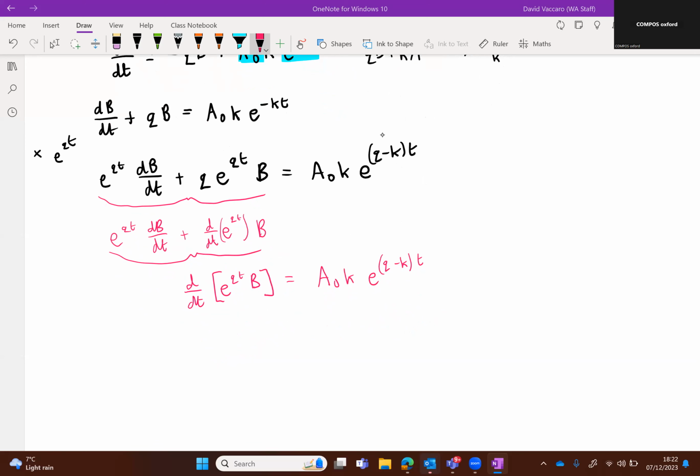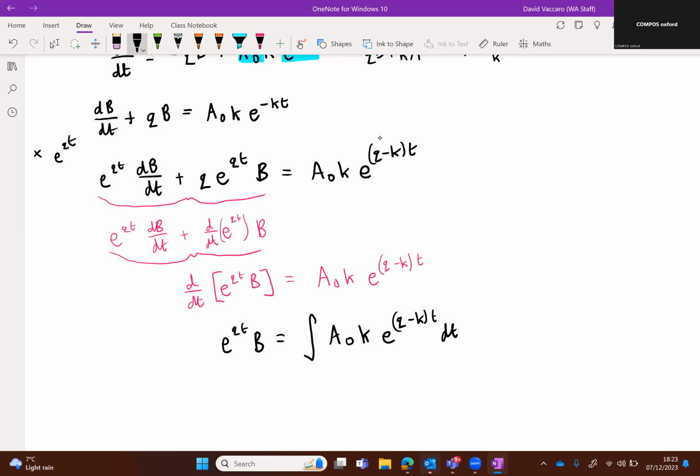Great, integrate both. So I want to integrate both sides with respect to t. So if I integrate both sides with respect to t, I've got e to the qt B is equal to the integral of A0 K e to the q minus k t dt.